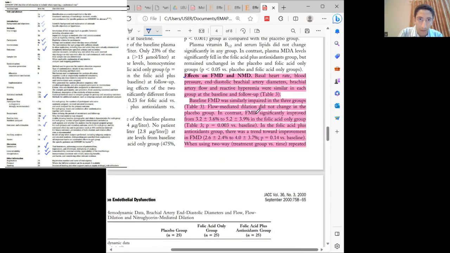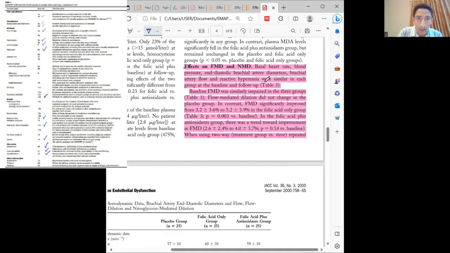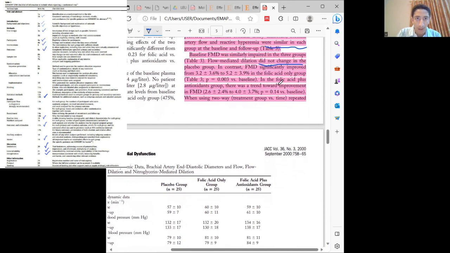This one is 17a. We can find the words: similar in each group at baseline and follow-up is the outcome. We can find that it did not change in the placebo group. We can find the improvement in both groups, and the estimated effect in this version.